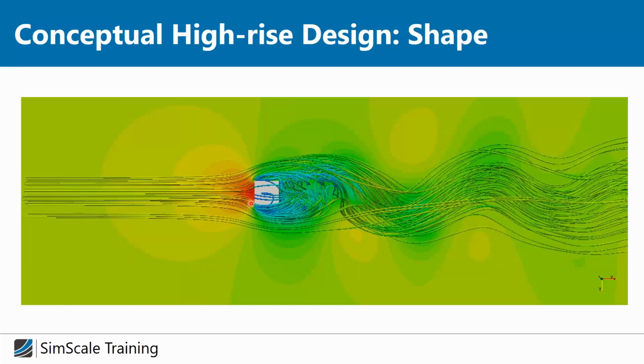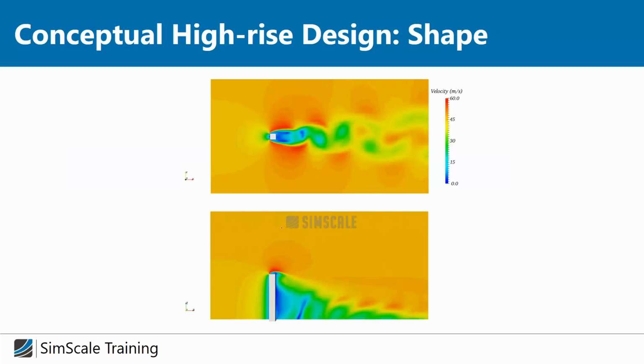On this side, the low pressure zone is much larger than on the other side, which means we will basically get two forces: a force in this direction acting on the whole building, and a force in this direction. Just one thing you have to really consider: remember, force is pressure multiplied by area. Even if it's just a pressure difference of several hundred Pascal, it can result in tons of force acting on the building. And here you can see an animation.